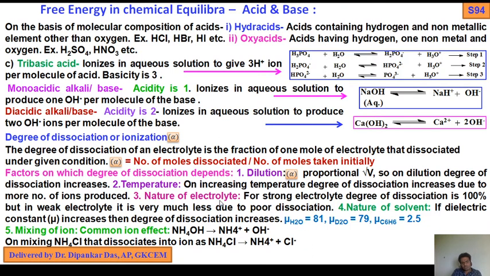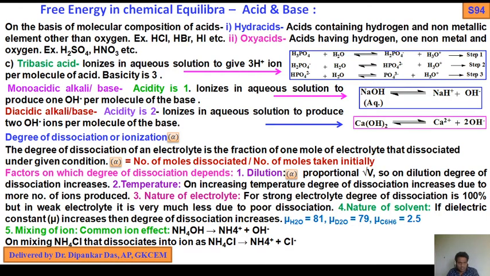Next, nature of electrolyte. For a strong electrolyte, degree of dissociation is 100%, as I told you a little ago. But in a weak electrolyte, it is very much less due to poor dissociation. So for a strong electrolyte it is 1, and it is very small for a weak electrolyte, which is feebly dissociated into ions. Now nature of solvent.